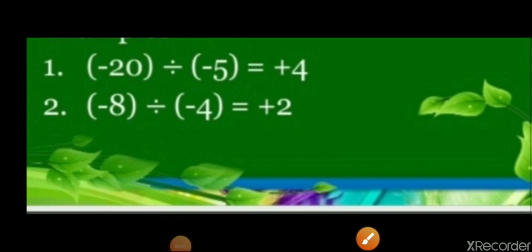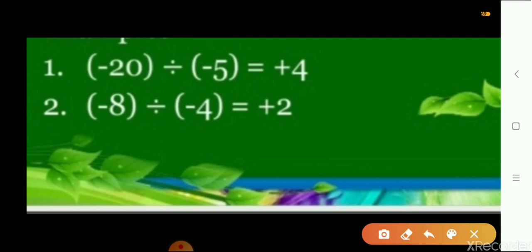Now let us see the case of division of two negative integers. In the first example, we have taken two negative integers, minus 20 and minus 5. Dividing both negative integers, we get the result plus 4. Plus 4 is a positive integer. In the second example also, we have taken two negative integers, minus 8 and minus 4.